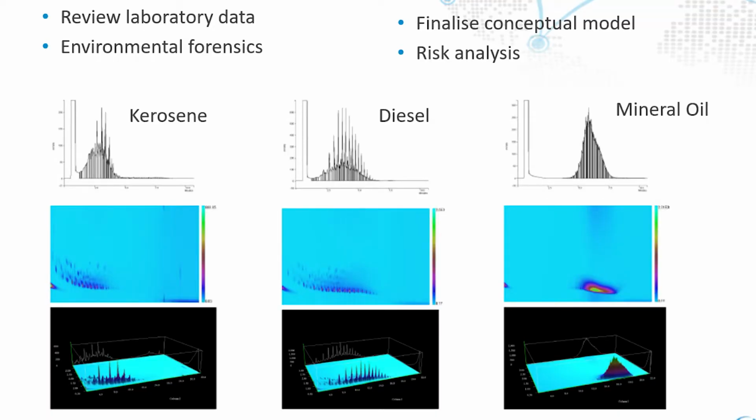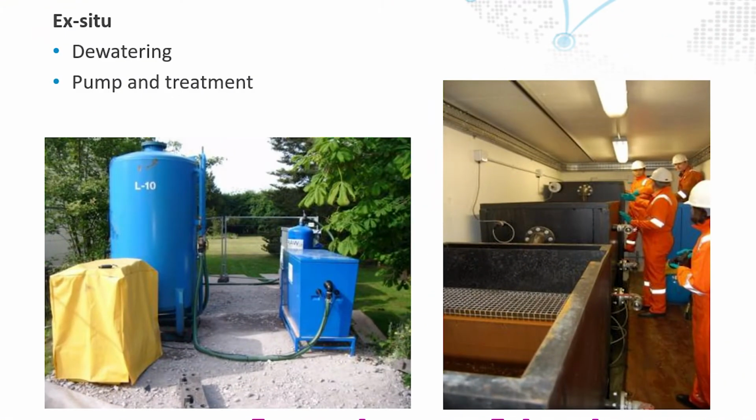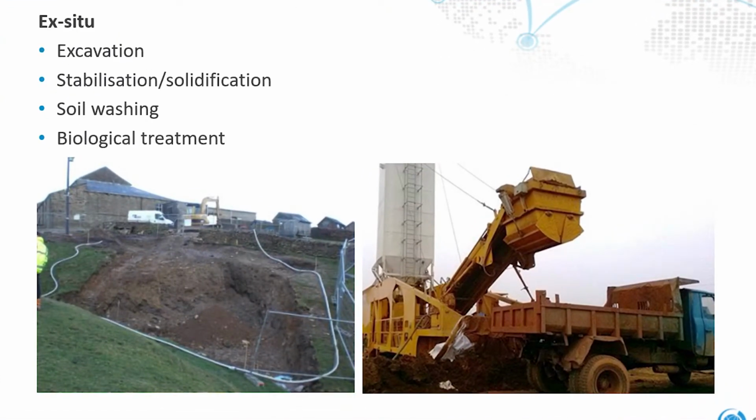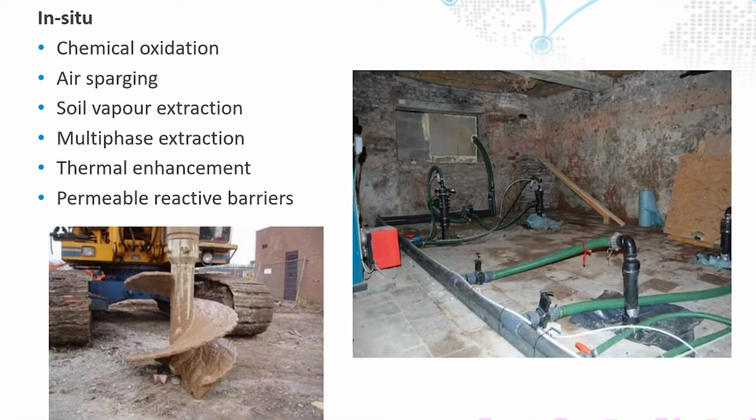So if you've proven you've got a contamination event, you've got contamination in the ground, you can move into the area of remediation design, and this can get very technical, so I'll just introduce it. There's two main camps, if you like, of remediation techniques. Ex situ techniques, so physically removing the material and treating it and either taking it away or cleaning it and putting it back, or in situ techniques, which can avoid the need for removing material from the ground.